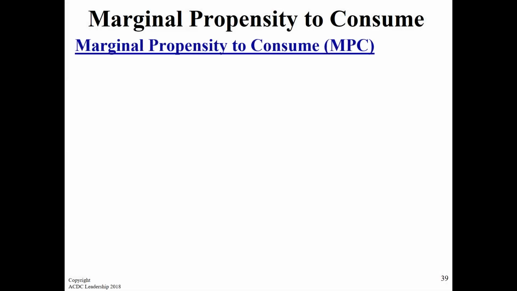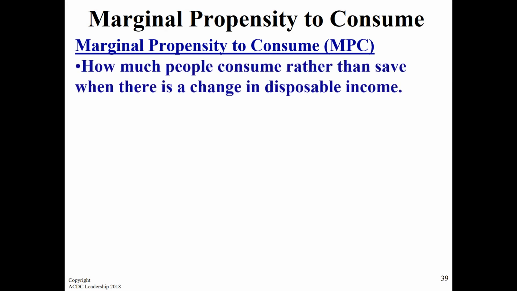So the first thing is the marginal propensity to consume. And that is when I give AB $100, how much of that 100 is he going to spend?